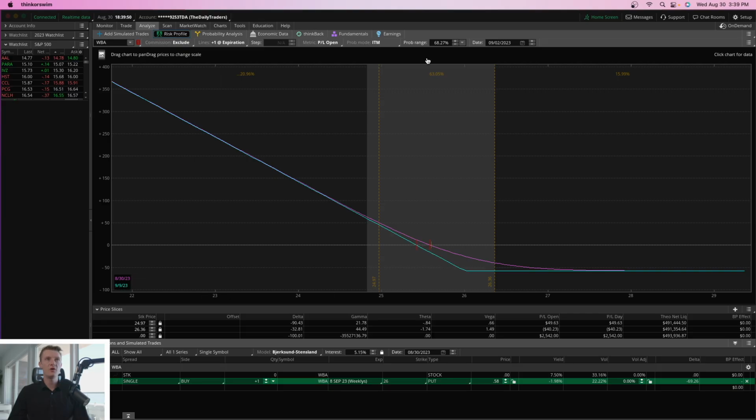Now, if I go back to risk profile, I have the September 8th $26 puts pulled up. So we're going to want to go up here to date, okay? We're going to choose September 8th. So the contracts we're looking at right now are going to expire on September 8th. But let's say we entered that position today.